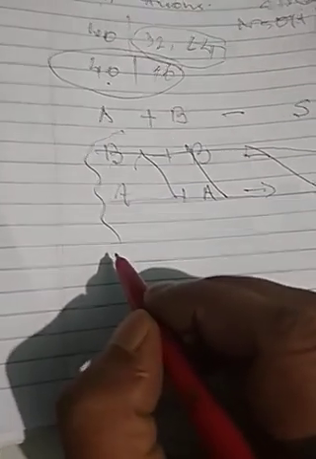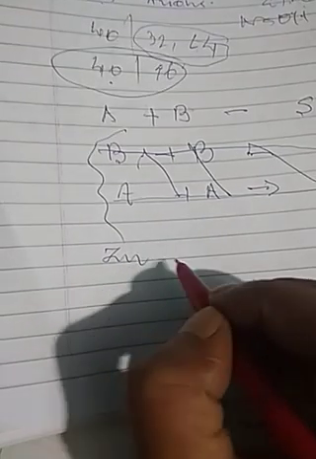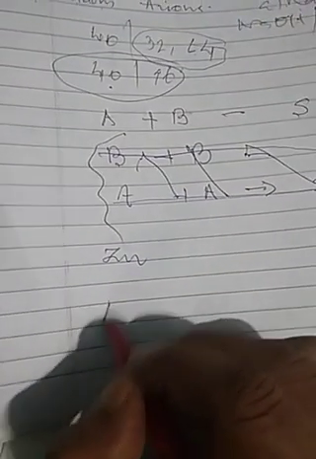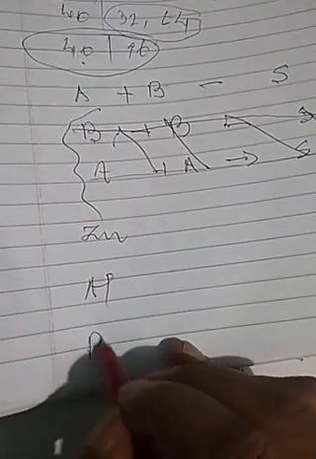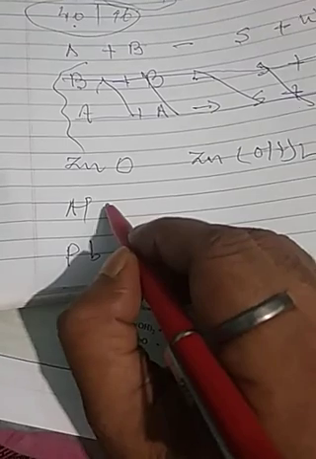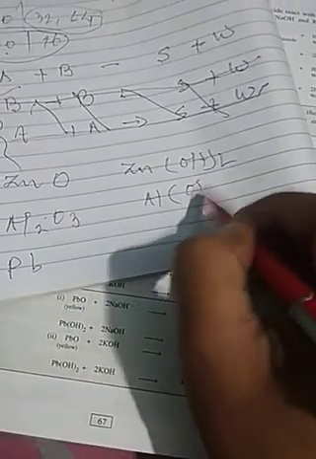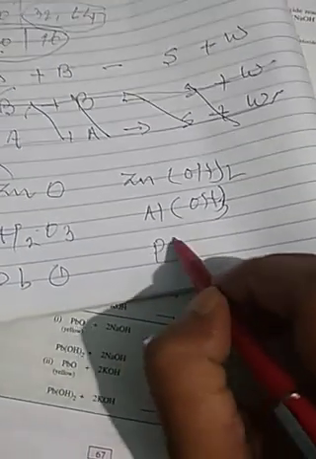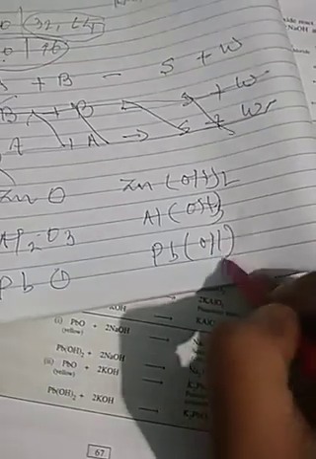But there are certain substances like zinc, aluminium, lead, its oxide, and its hydroxide. Zinc oxide and zinc hydroxide. Similarly, aluminium oxide and aluminium hydroxide, lead oxide and lead hydroxide.